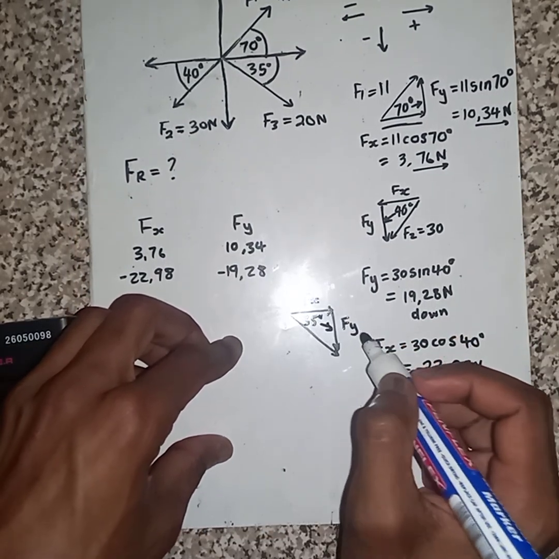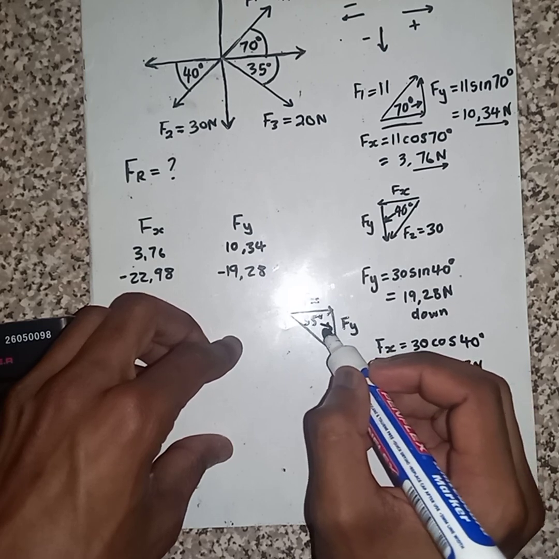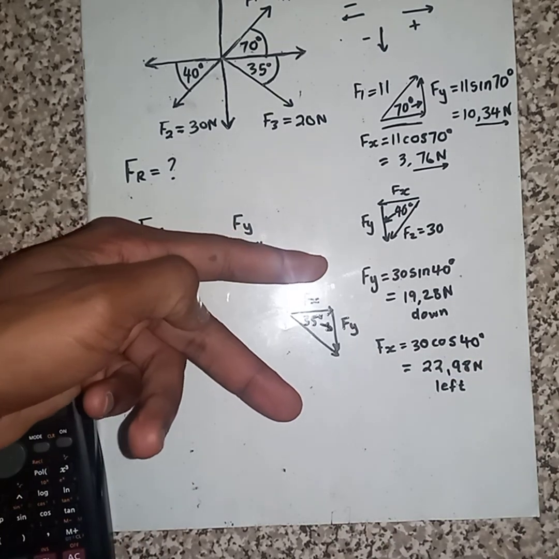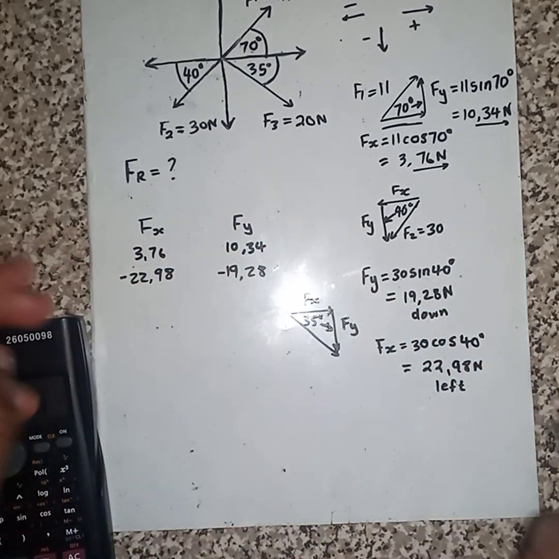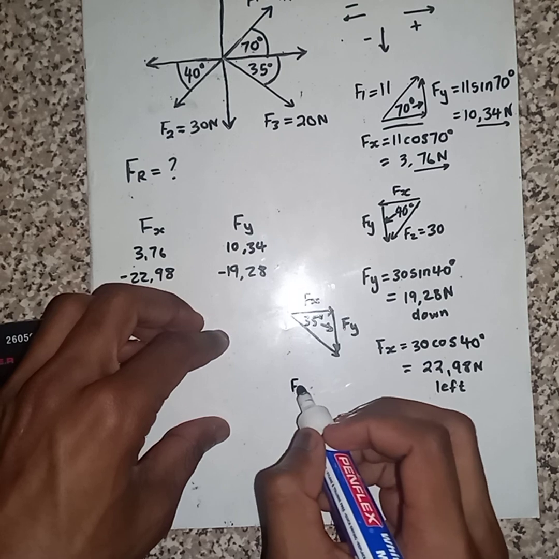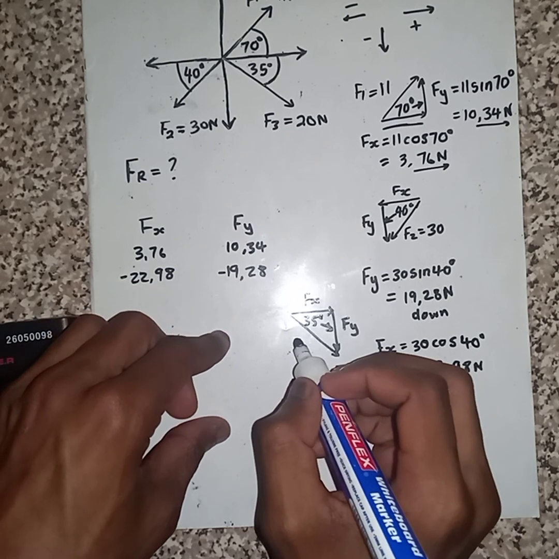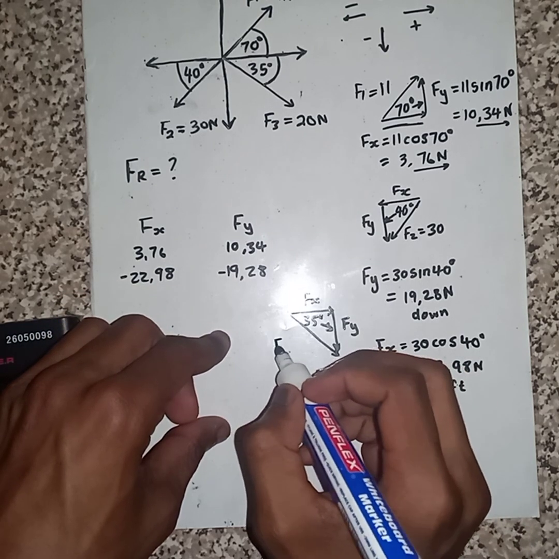For this, our Fy is going to be sine, in that direction, as you see with this arrow. Our F3 is 20.